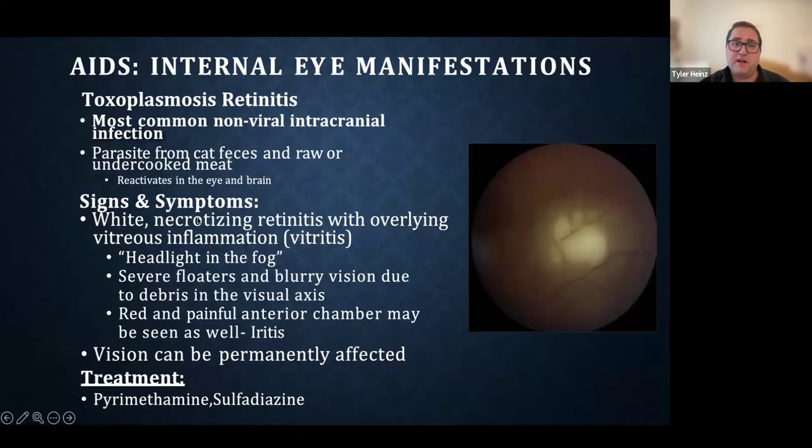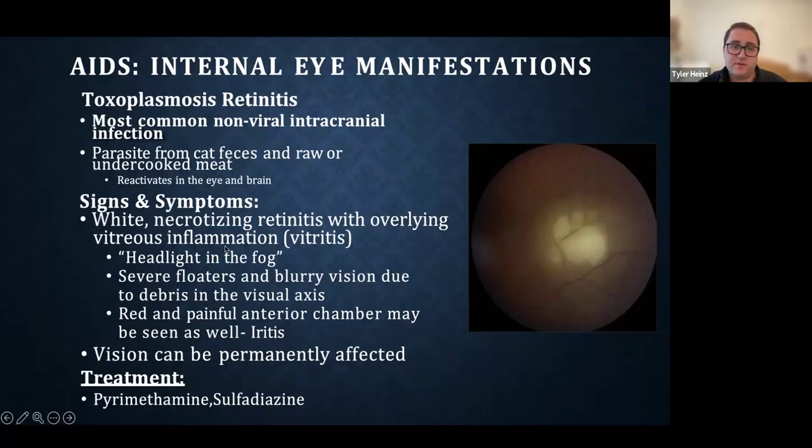Your signs and symptoms, you're going to have white necrotizing retinitis with overlying vitreous inflammation, otherwise known as vitritis. Our buzzword for this is going to be our headlight in the fog, and that's something that you should know. If you ever see the headlight in the fog, that is, of course, our toxoplasmosis retinitis. And you can see here, it kind of does look like a car headlights coming at you on a real foggy night from far away.